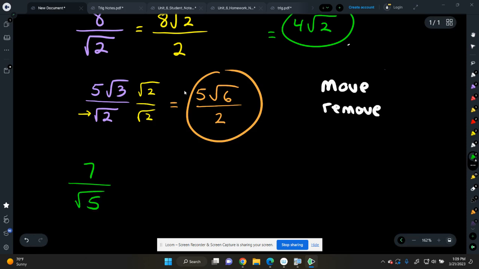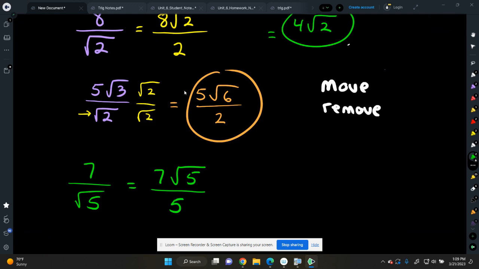Use the move and remove to simplify that. So we're going to move radical 5 up top and remove, so what's left on the bottom? 5. Doesn't that simplify it?